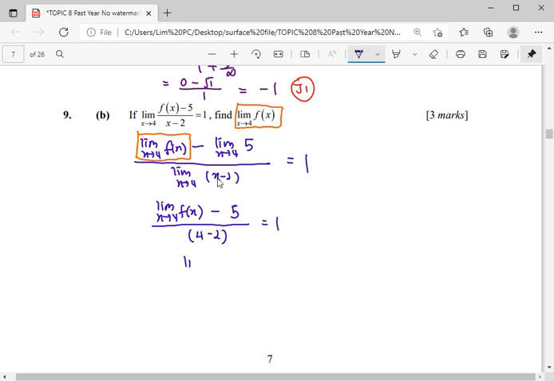Finally, we simplify our limit as x approaches 4 of the function, which equals 1 times 2. Move this value to the right hand side, 1 times 2, and then move the 5 to the right hand side, plus 5, so it gives us a value of 7.